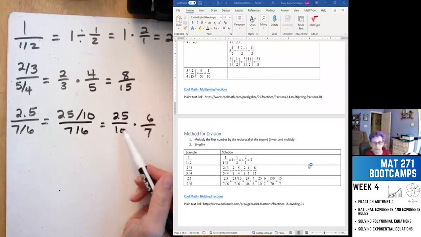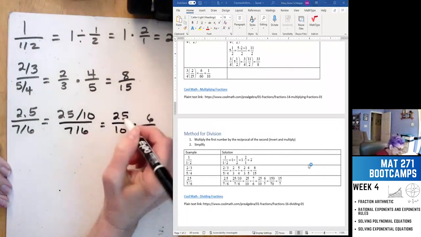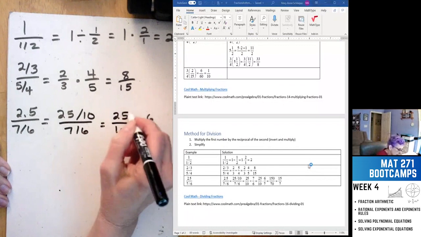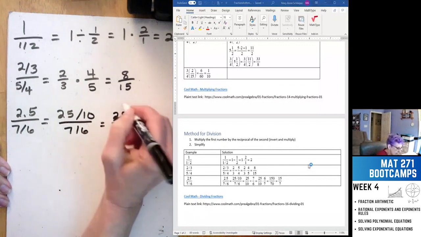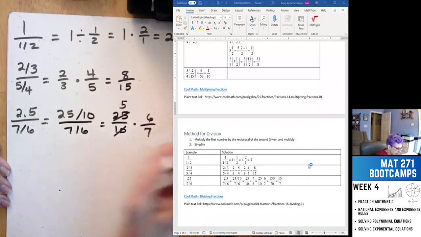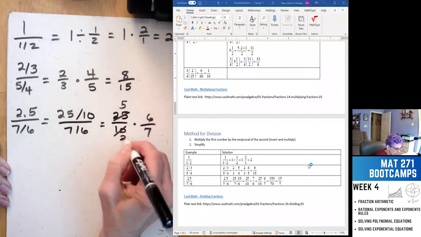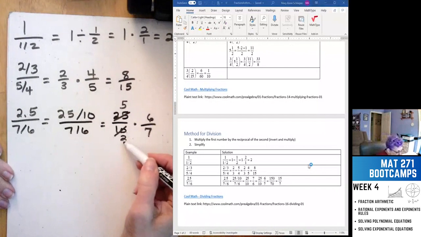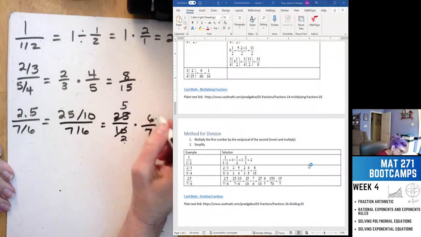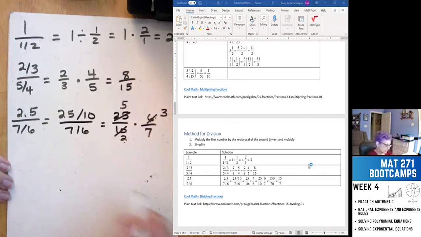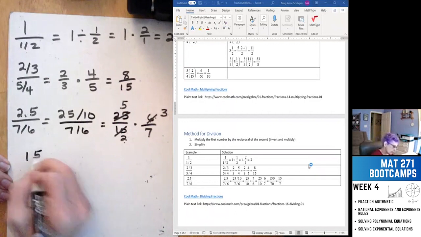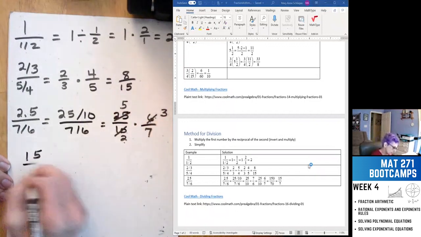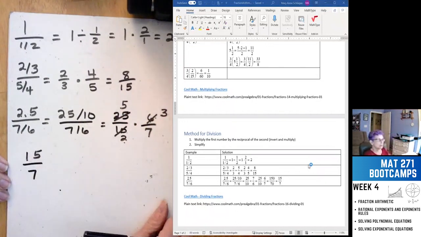So speaking to your previous question, I could look at this and rewrite this. 5 goes into 25 5 times, and 5 goes into 10 twice. Then I could look over here and say that 2 goes into 6 3 times. And I'm going to end up with 5 times 3 living on top of 7.